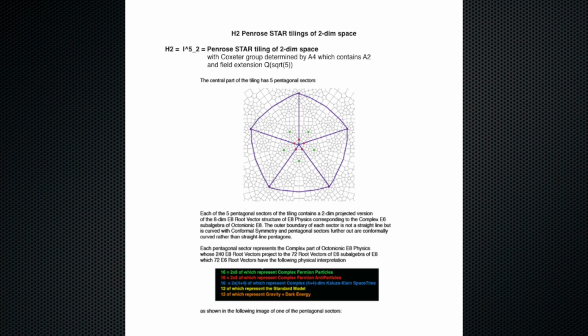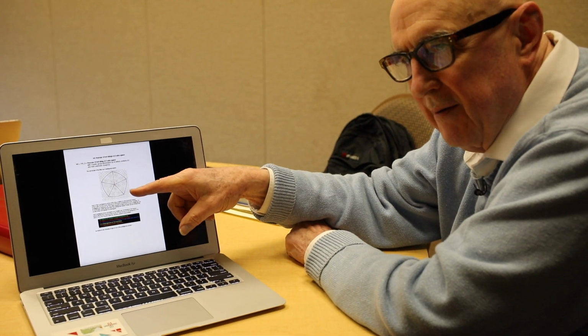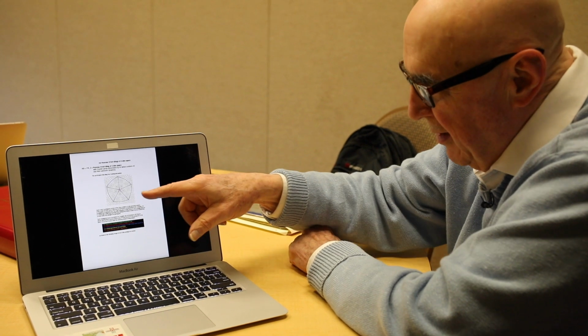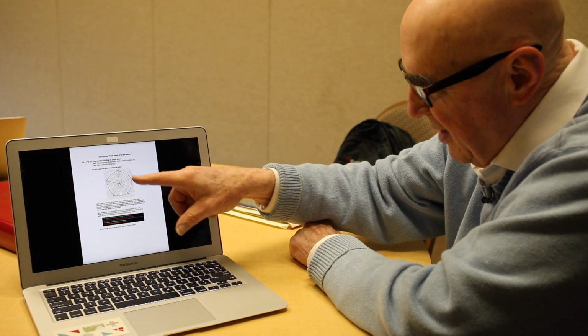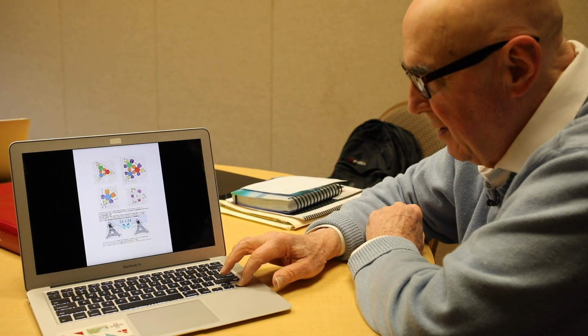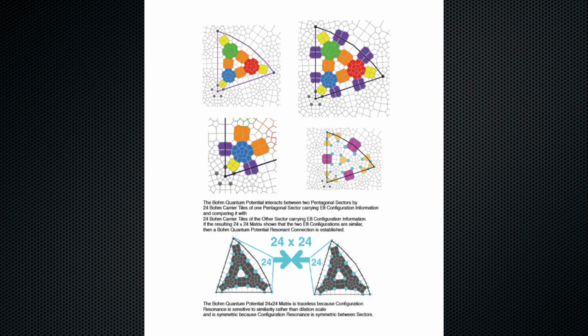It lives within it. And here is where you get to the pictures that we were talking about earlier, the Penrose tiling. This is a Penrose tiling, and they have the 5 pie-shaped wedges around the origin. And then if you go down, you see what makes up the pie-shaped wedges.